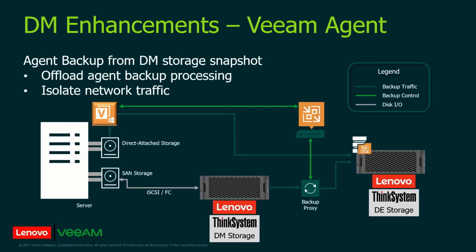What we're able to do is, of course, the direct attached storage will still back up through the Veeam agent to VBR and then to a backup repository. But for the attached block storage, we're able to run storage snapshots against that, effectively removing that load from the physical server and the Veeam agent installed on it, and completely offloading that backup capability onto the Veeam infrastructure and the backup storage as well.